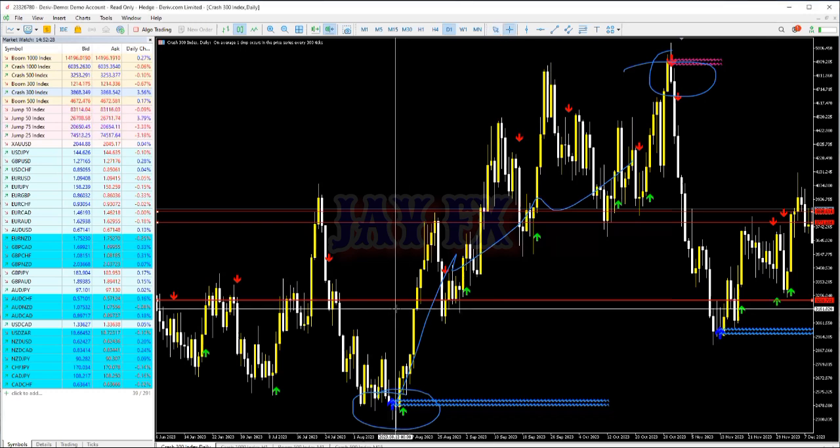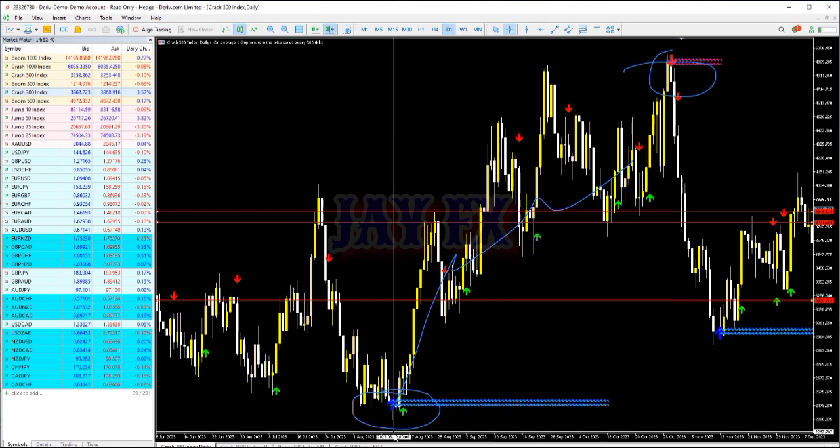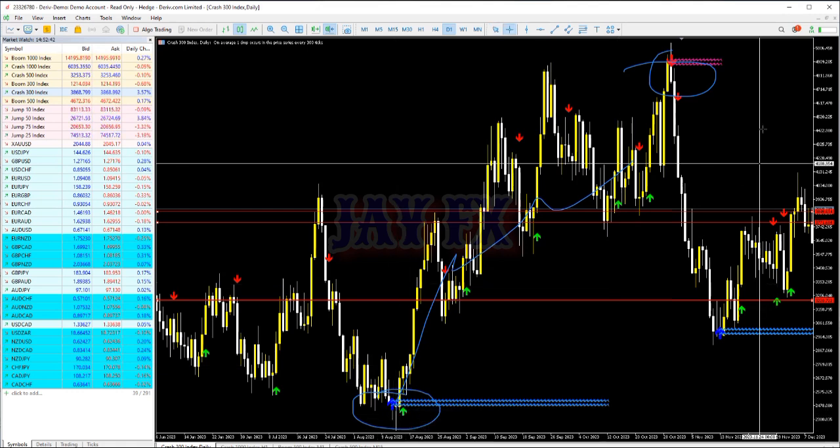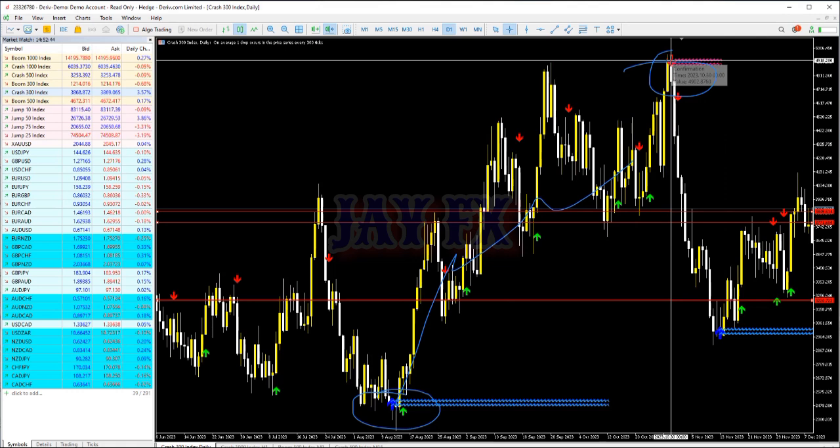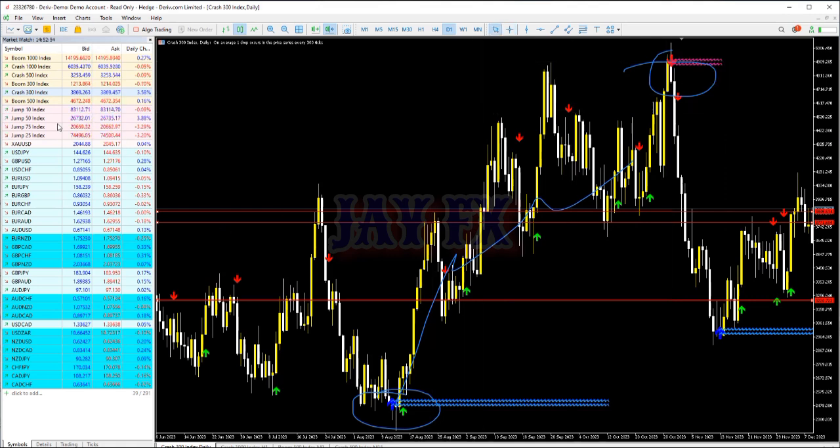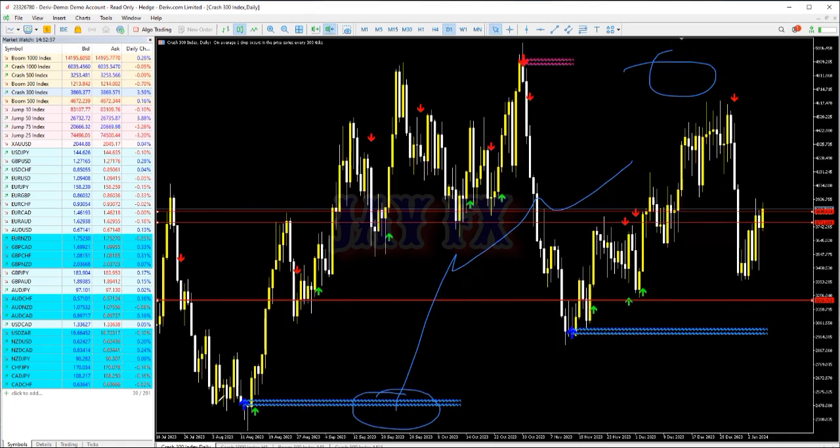From here, it was August, 14 August midnight is where the market started from. It was 14 August 2023. And then it started going down, 30 October, Monday of October. You see, it took 2 months. Imagine trading 2 months, how much money will be made. You will obviously make good money.